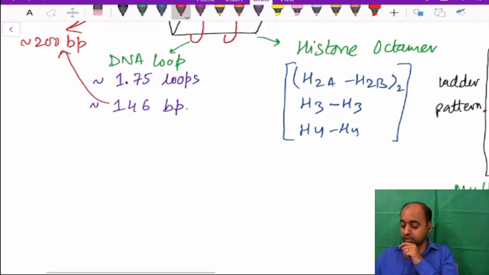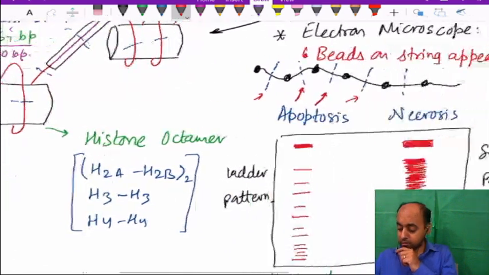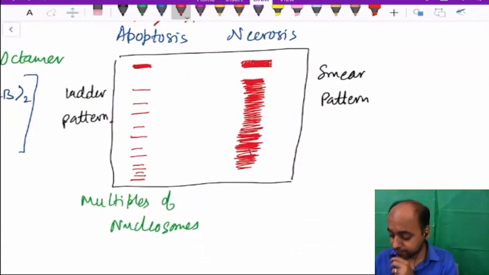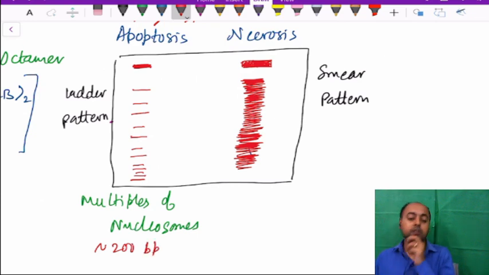You are going to get 200 base pair. Multiples of 200 base pair are seen in the ladder pattern, and then we have the smear pattern.